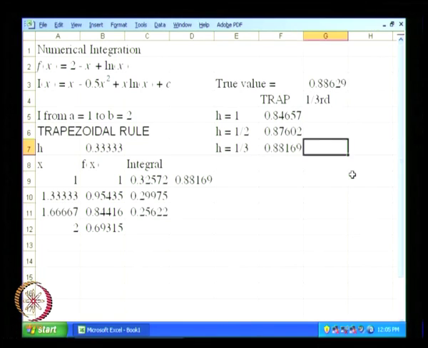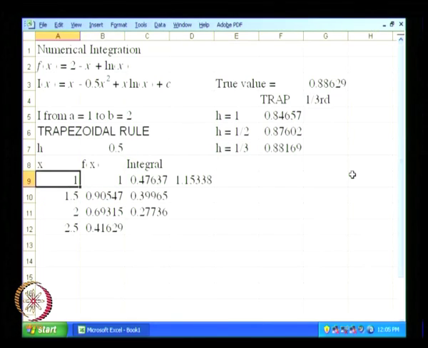Okay. In the 1/3 rule, we will have to use h equal to 1 by 2. So we will get the value of f of x at x equal to 1, x equal to 1.5 and x equal to 2.